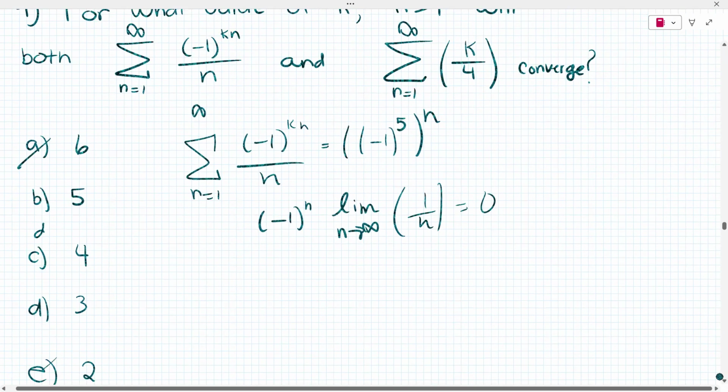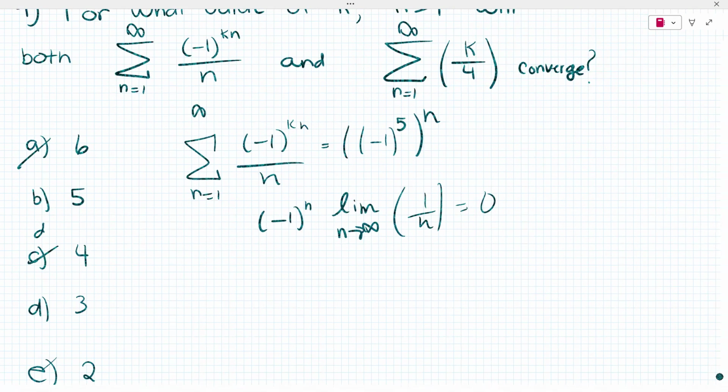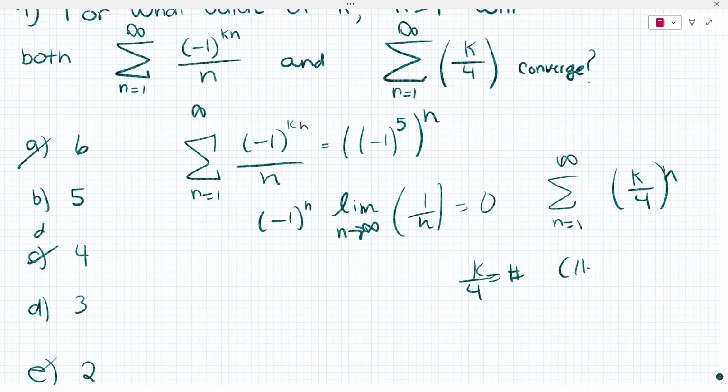The only choices are the odd ones. I think it would be 3, because if you look at the other summation, k over 4 is a number raised to the n. That is a geometric series.